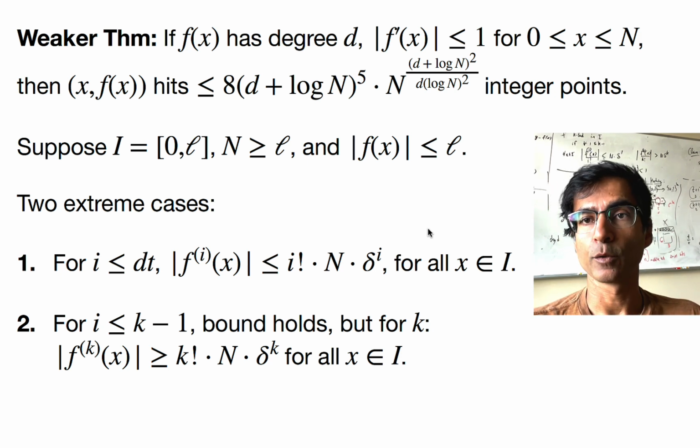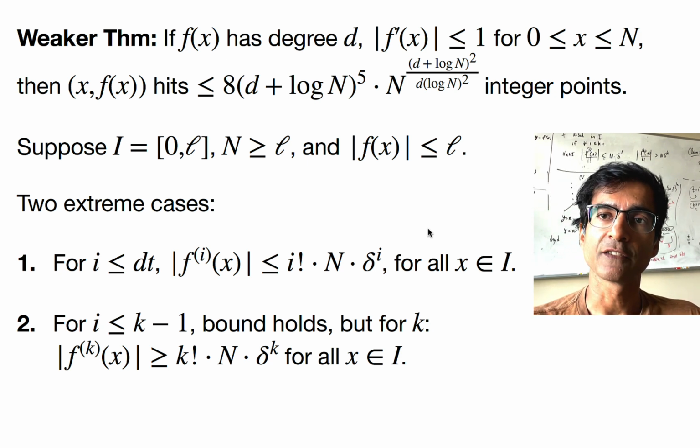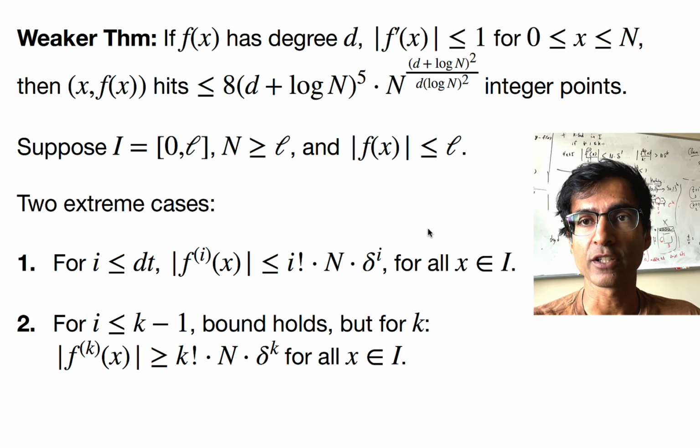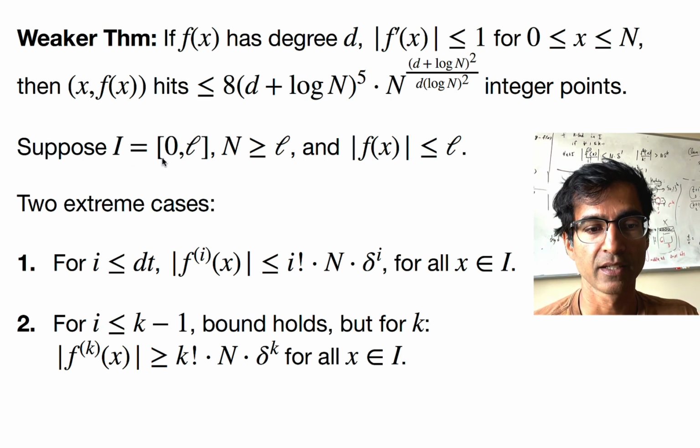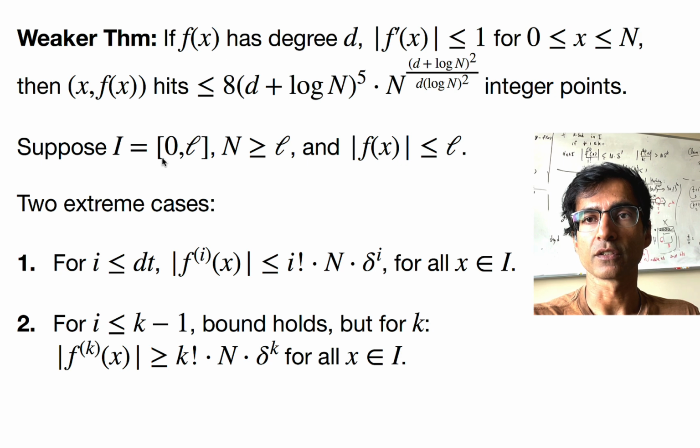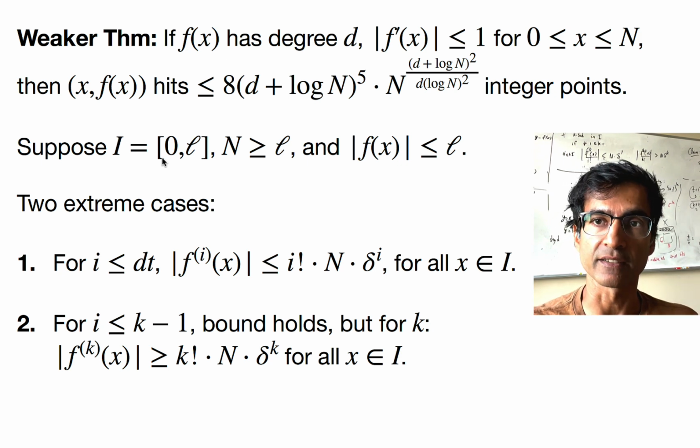Okay. So let me start to explain the high level picture. Let me start by considering 2 extreme cases. Let's say we're trying to prove this theorem, and we want to count the number of integer points occurring in some interval I, which goes from 0 to L. So think of I as a subinterval of 0 to n. We were trying to count the number of integer points occurring in 0 to n, and now we look at the subinterval 0 to L for some parameter L less than n.